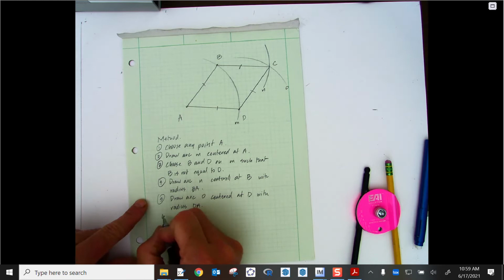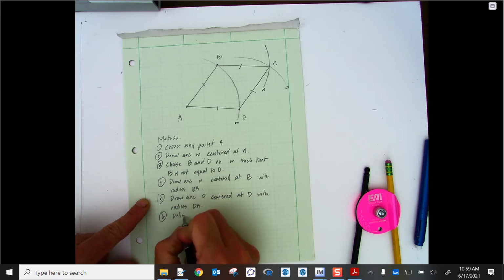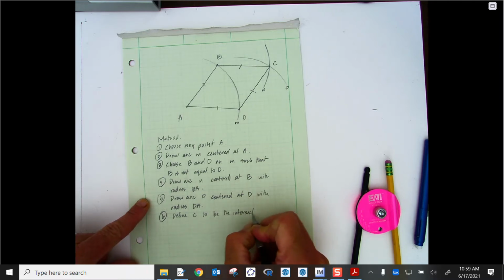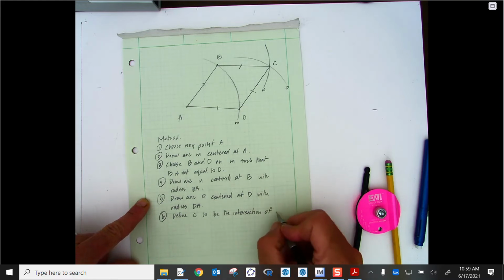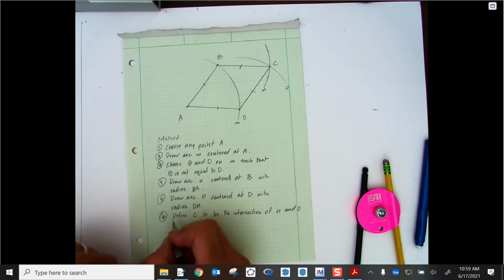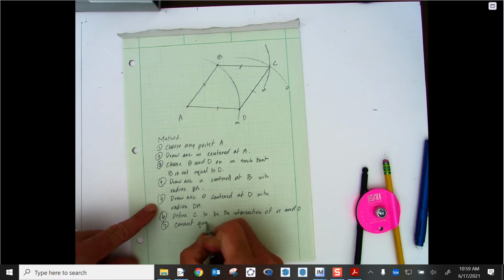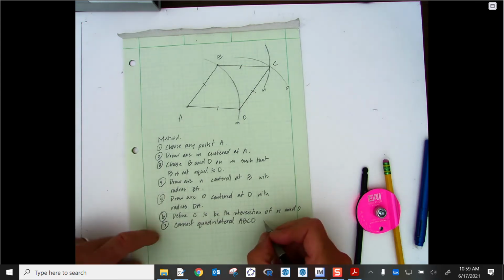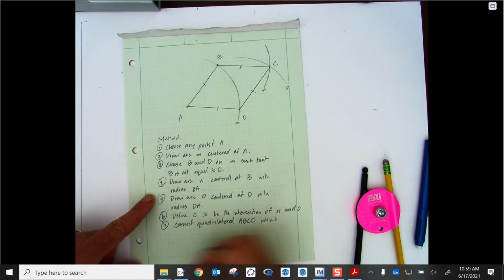And let's see, six would be define C to be the intersection of N and O. And then the last thing, connect quadrilateral ABCD, which is by construction a rhombus.